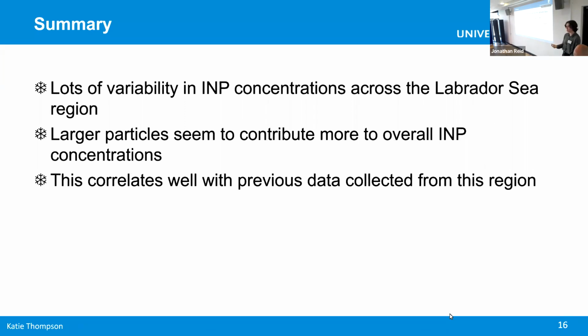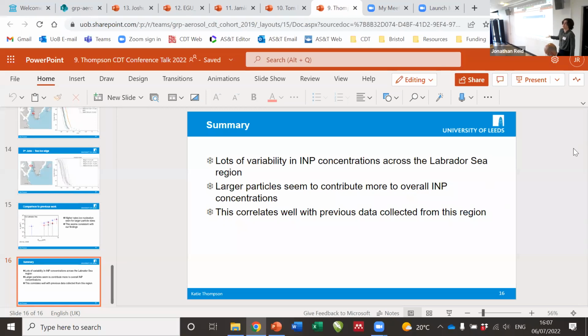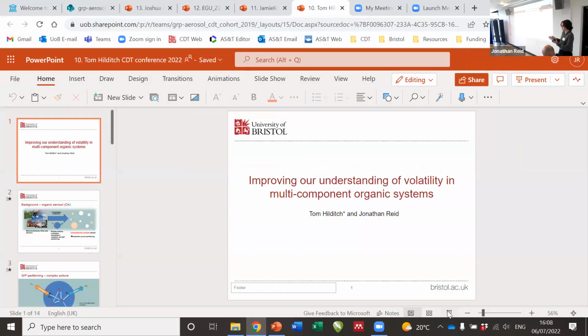Part of the next phase will be to analyze this further. There is going to be a flight campaign in October, going out to Goose Bay, which is on the Canada side of the Labrador Sea, and doing flights, so hopefully getting up to those higher altitudes and seeing if our measurements are comparable. But in general, by doing my size distribution measurements, I can see what sizes these are.